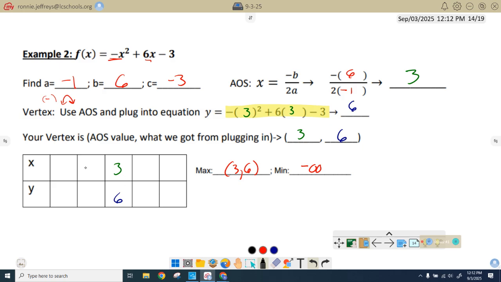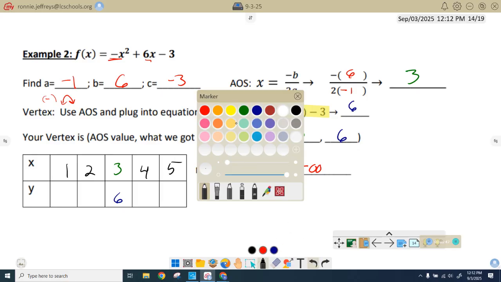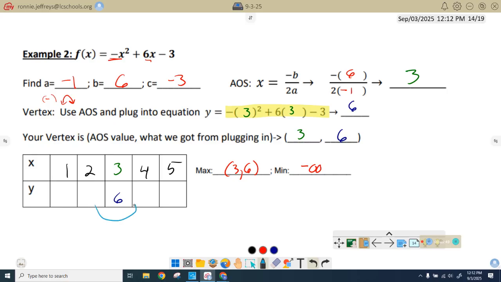All right, so this is 2, 1, 4, 5. So 1a, 1 times -1, -1. So I'm adding a -1 or subtracting 1. So if you have 6, you take 1 away.